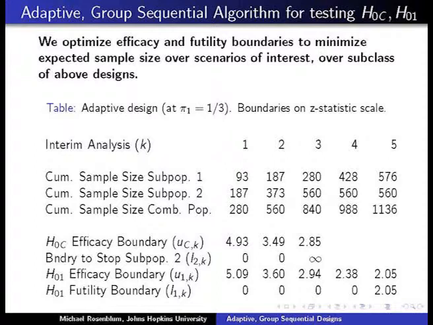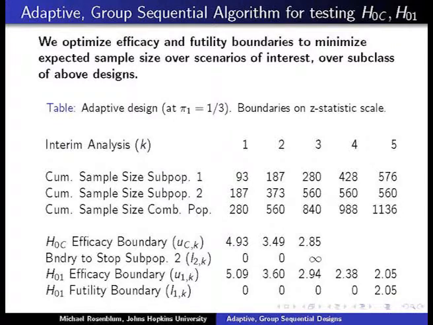So here are the efficacy boundaries for the combined population. Actually, let me just explain what this is. Basically, this sets the sample sizes up here in each stage, and down here we set all the thresholds. So I'll just tell the answer, but there's a huge amount of computation that went into this. But you can read in the paper, it tells all the details, and that's on my website.